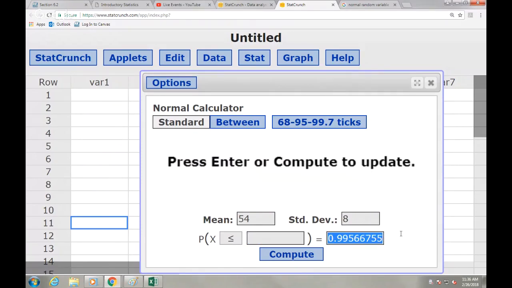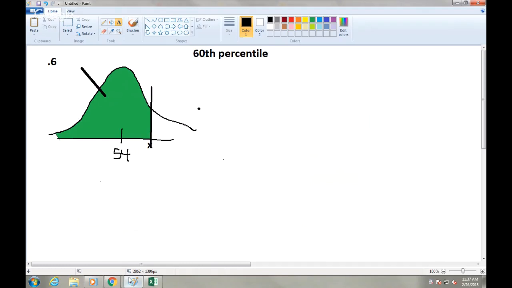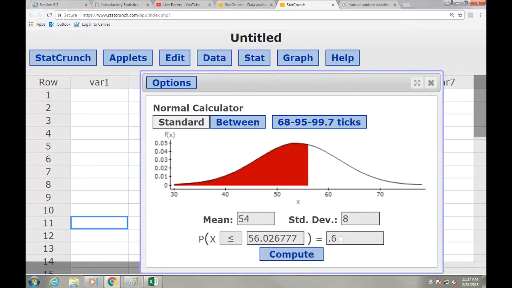What I know isn't a value of X. It's a lower tail area. So 0.6 is what goes here. And so I've got a picture. It looks roughly similar to what I've drawn. It's got 0.6 as its area and some number here.